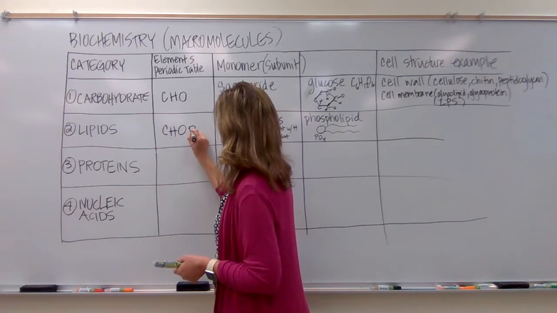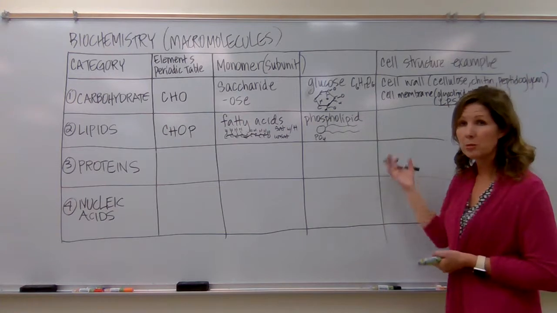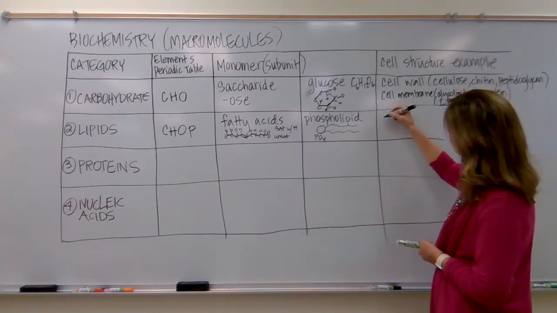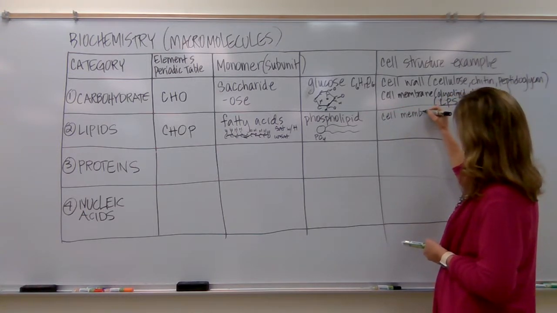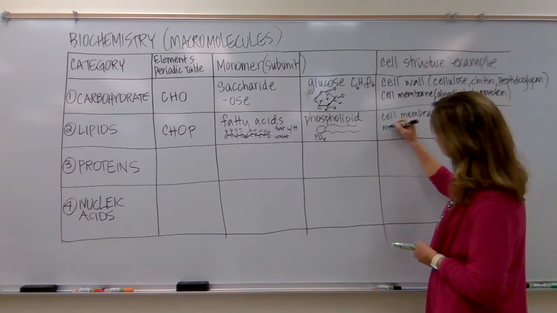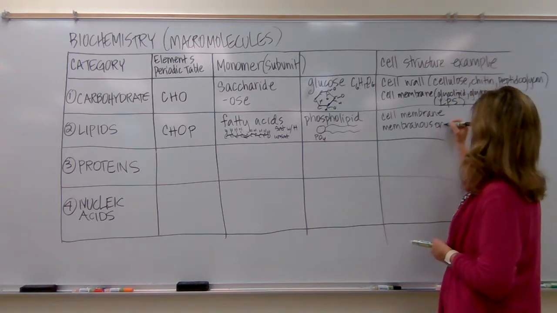However, a lot of times I will add on that phosphorus because the phospholipid is one of the most common types of lipids in our body. And cell membrane, you will find these, but all membranes, membranous organelles.